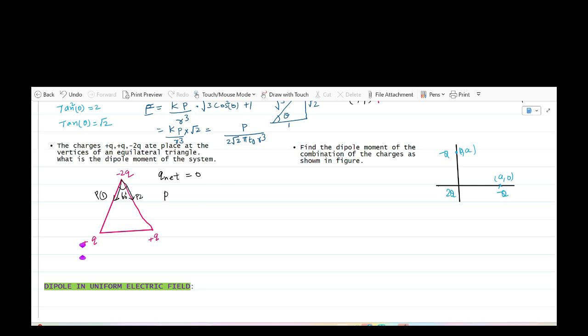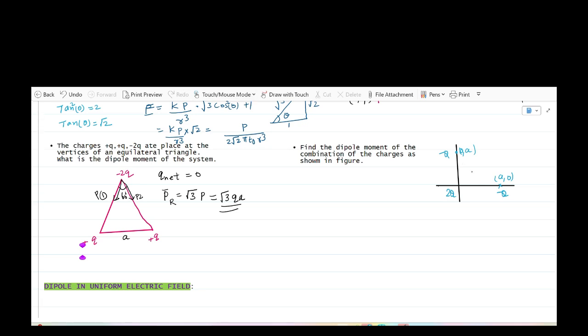Therefore the resultant dipole momentum, as we studied in vectors, for equal vectors with 60 degrees will be root 3 into P, which is equal to root 3 into Q into 2L. If I consider the side equal to A, it is root 3 into QA. So this is the dipole momentum of a three particle system when they are arranged in an equilateral triangle.